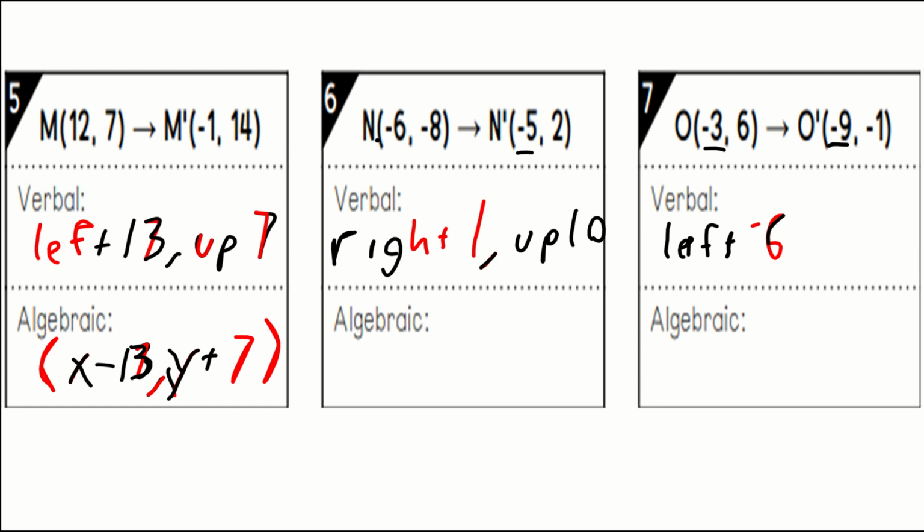Decreasing X values is to the left. Our Y values go from 6 to -1. That's decreasing. When Y values decrease, they're going down. From 6 to -1 is a distance of 7. Any questions on that one?